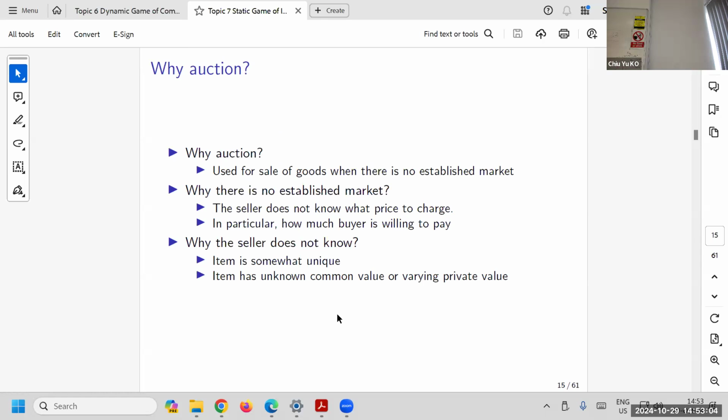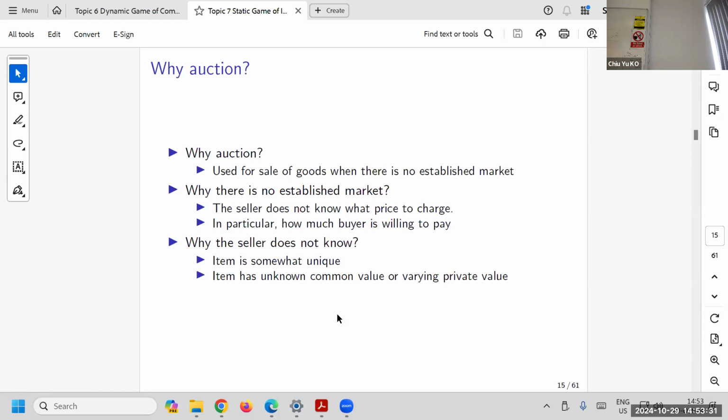The environmental stuff is auction, and the question is: why auction? The problem is, if something is so common, you should use a market, right? We just sell in the market, the price is clear, no one has private information, right? Just like apple, orange, rice, you don't need auction, right?